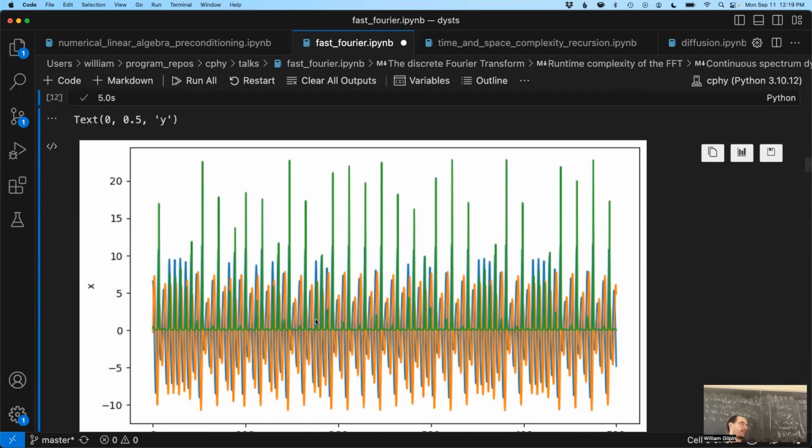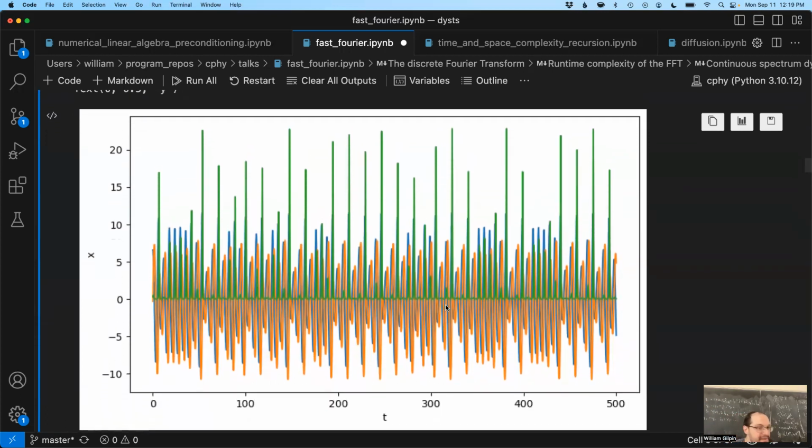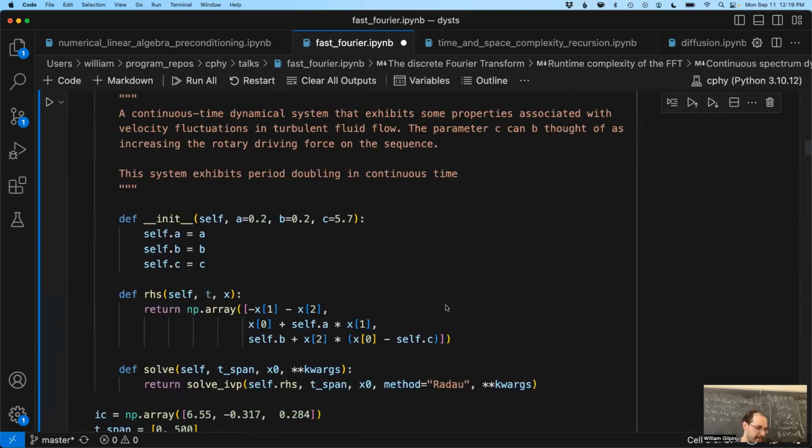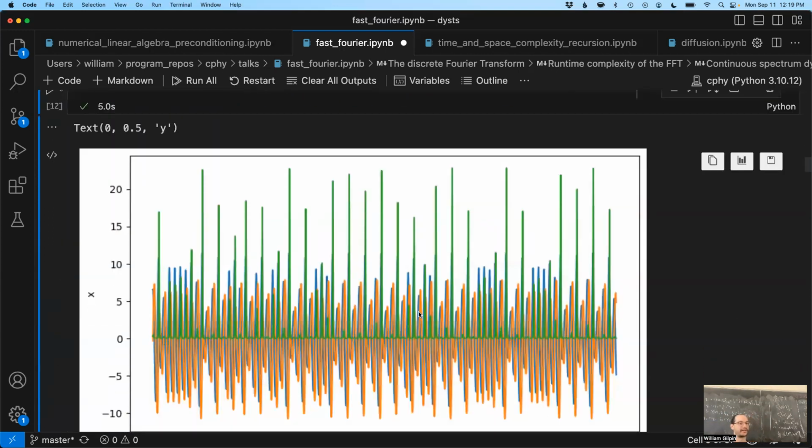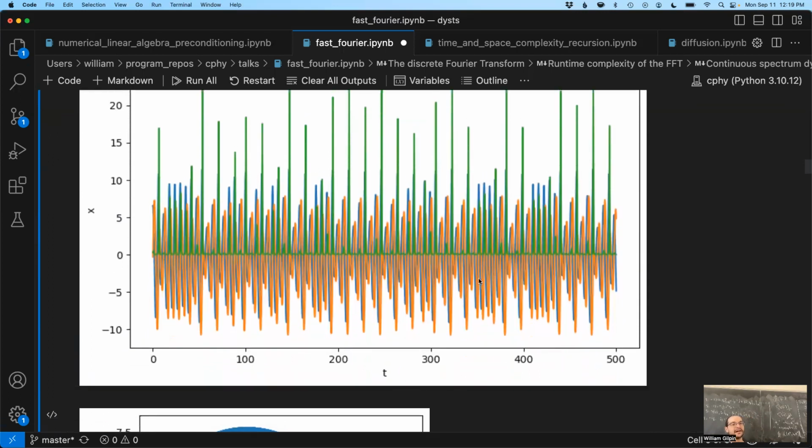I have 3 of them instead of 1, but it's the same basic idea: a non-periodic trajectory over time. So this is just a toy model. It's a low-dimensional set of ODEs, but you can think of it as capturing some properties of the full infinite-dimensional turbulence experiment. Importantly, it exhibits chaos with this very complicated set of things it does over time.